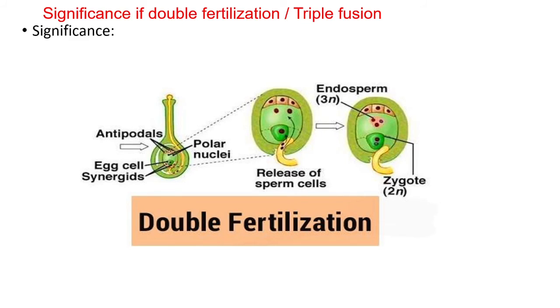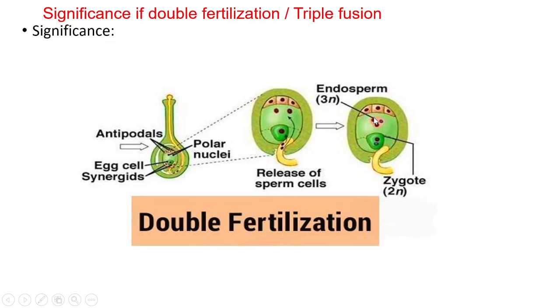The nutritive tissue, the endosperm, is formed from the fertilized polar nuclei. The endosperm formed due to double fertilization is triploid. Therefore, it is metabolically very active and reserves more nutrients to supply nourishment to the embryo.